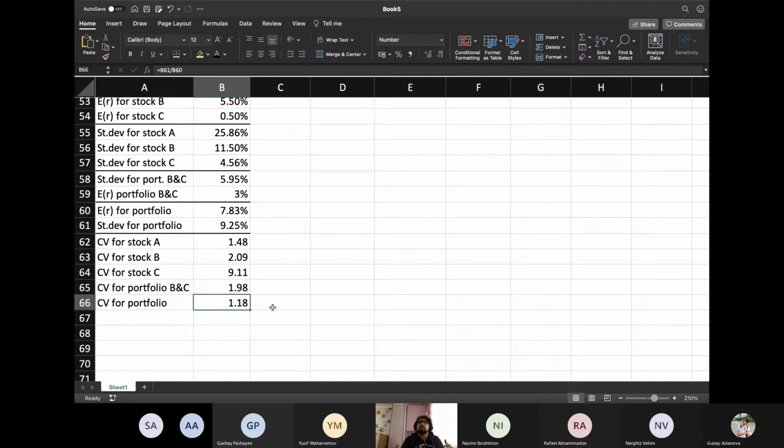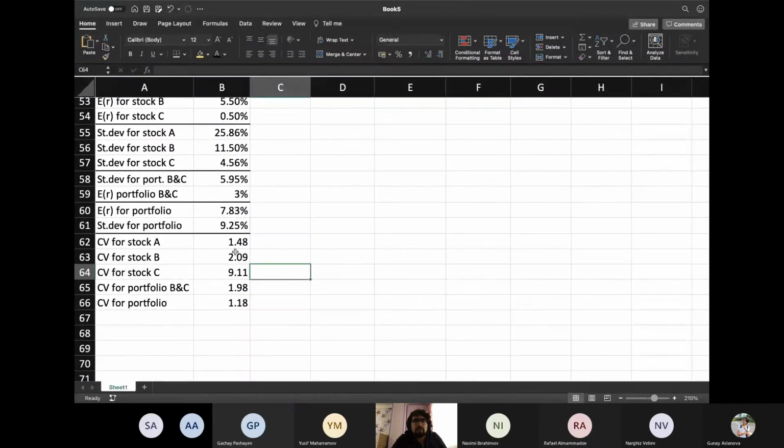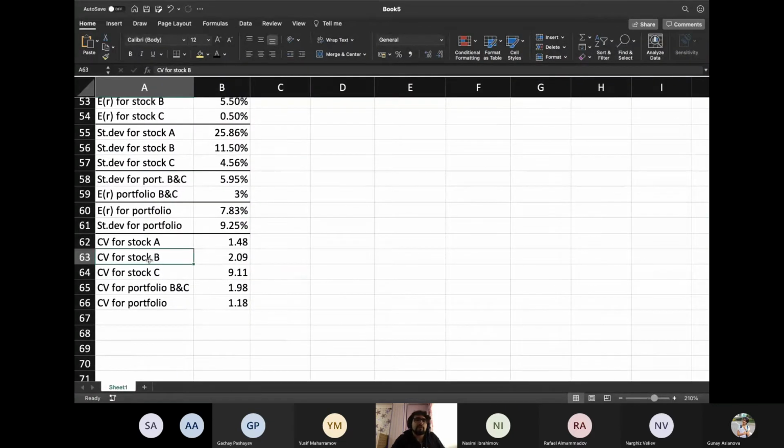So if, for example, one stock is doing badly, another stock can do well, and risk is compressed. Therefore, the risk per 1 unit of return is less in the whole portfolio than in the others. So we improved our risk-return trade-off relative to stock A, stock B, and stock C.